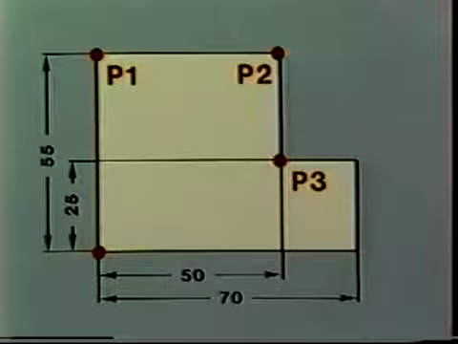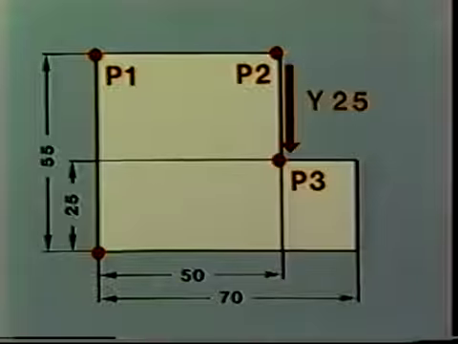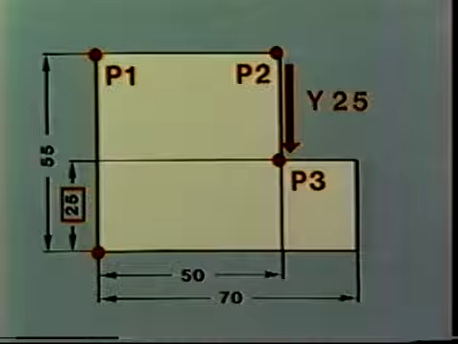To move from P2 to P3, program Y25, since P3 is located 25 millimeters from the 0 point. So you indicate the point to which the tool should move. This indication has nothing to do with the tool's current location. It's called an absolute dimension.